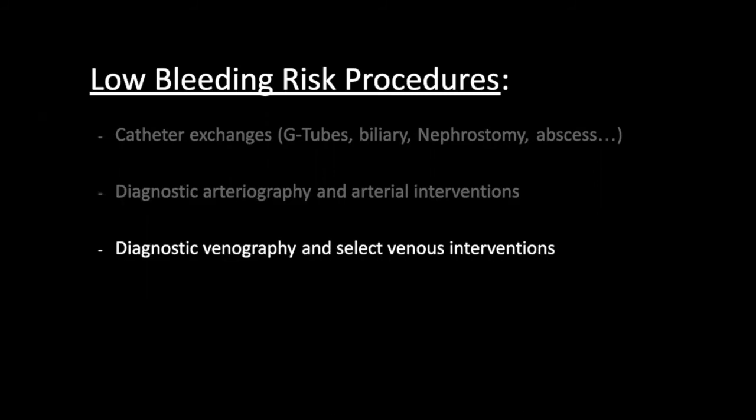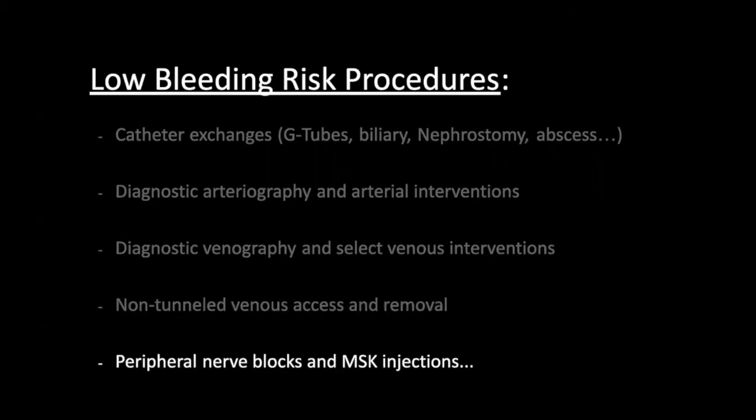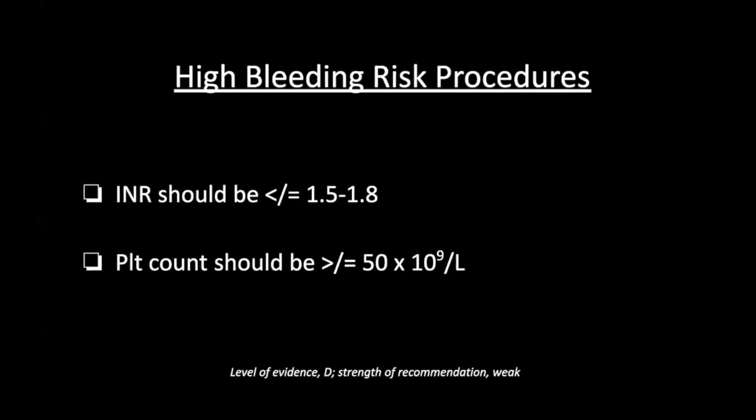Then we have diagnostic venography and select venous interventions. We have non-tunneled venous access and their removal. Then peripheral nerve blocks and MSK injections. The list is long, and we shared these articles. You may want to go through them and know which procedure lies in which category as it regards bleeding risk for these procedures.